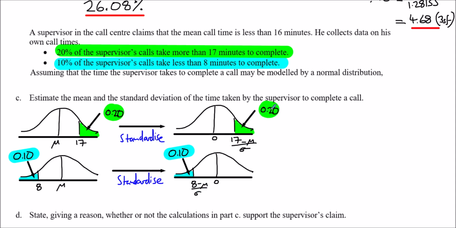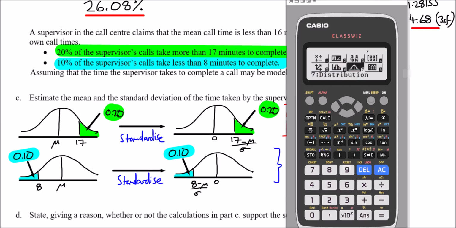So if this is 0.20 of the curve, this over here is going to be 0.80. So we need to find the z value that would give us 0.80 of the curve, 80% of the curve. So here what we're going to do is the inverse normal, and also we're going to do that for this bit here. So inverse normal twice.